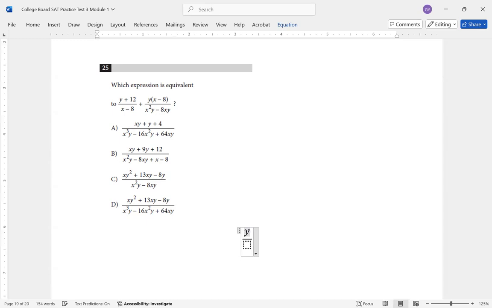So the first fraction is y plus 12 divided by x minus 8. The second fraction is y times the quantity x minus 8 divided by x squared y minus 8xy.